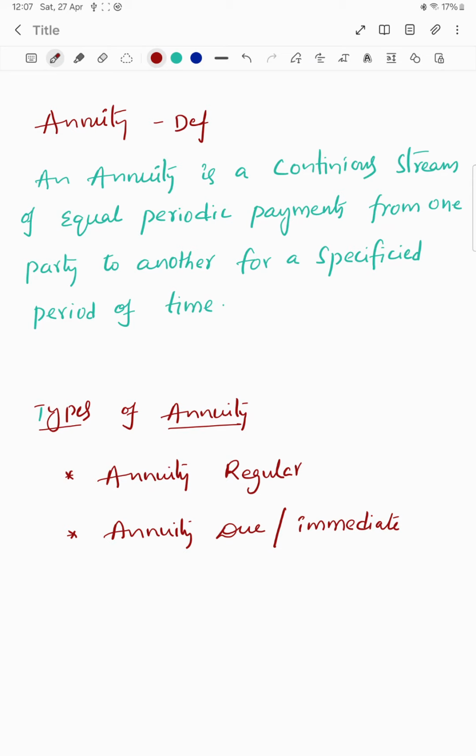I'm going to clarify your doubts from the concept called annuity, from unit 5, which is very important from the examination point of view.